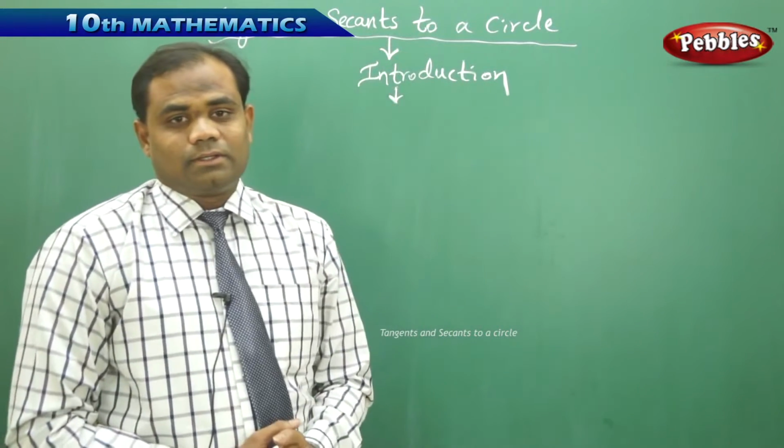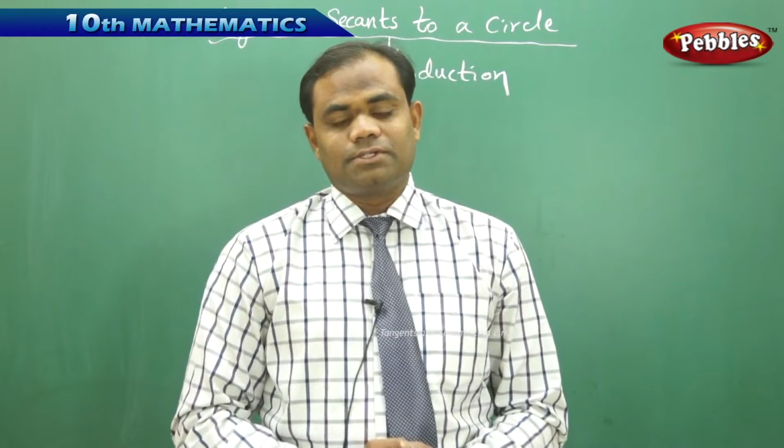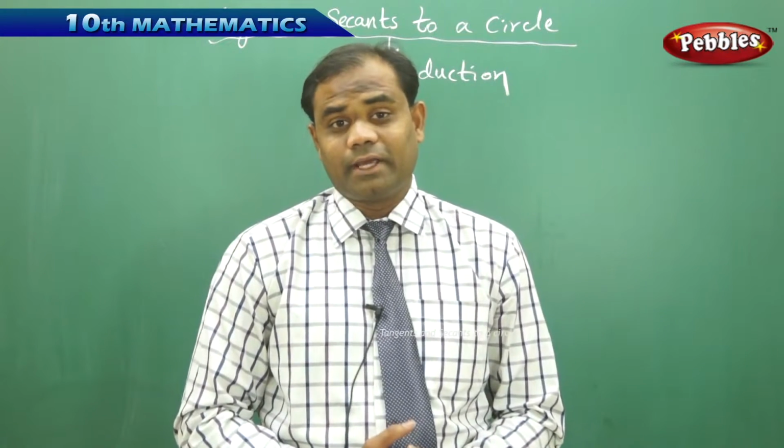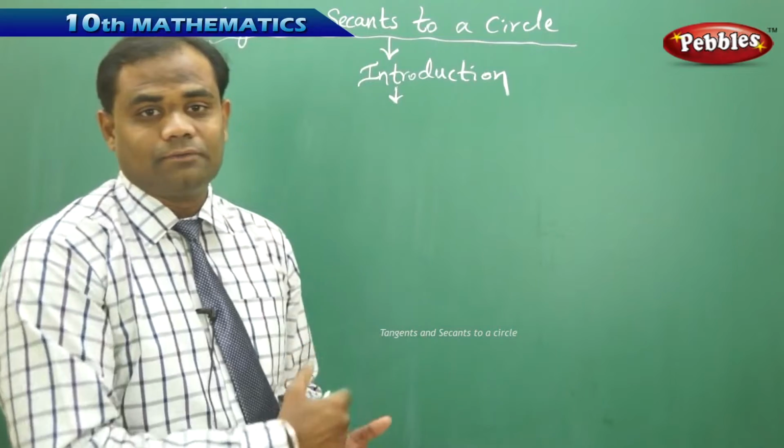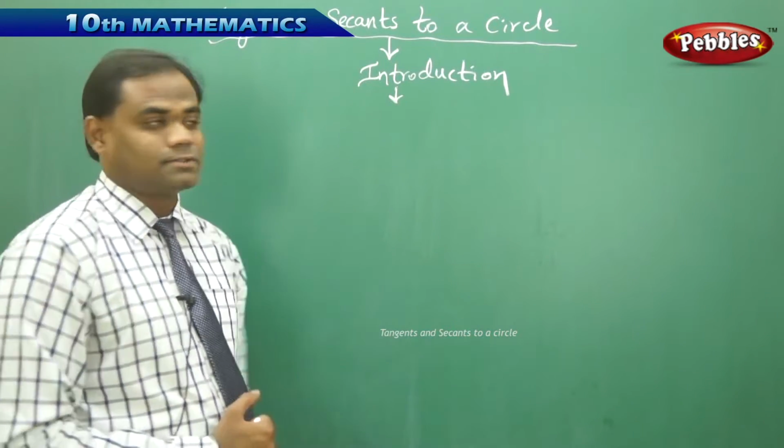Now to start with, the straight lines, which we already discussed in the previous session. The straight lines had three different cases. Let's recap the straight line cases which we have introduced in the previous sessions.